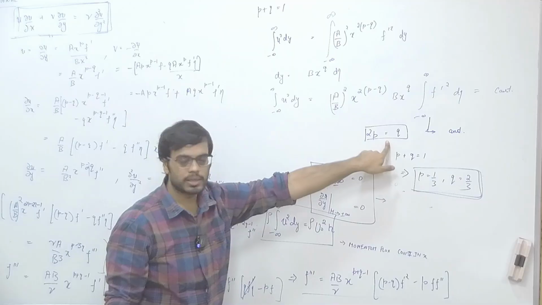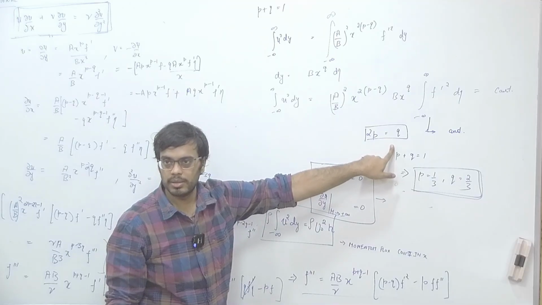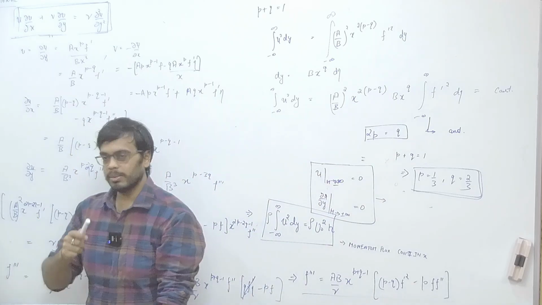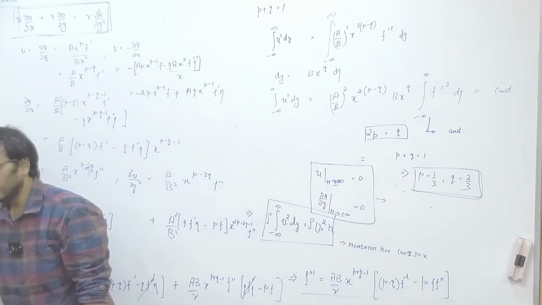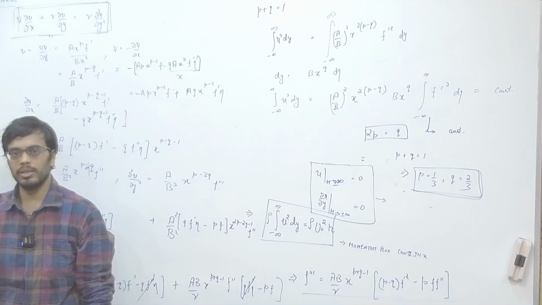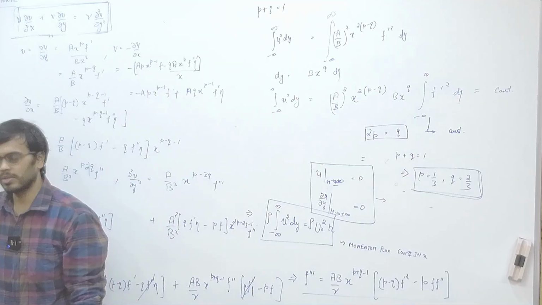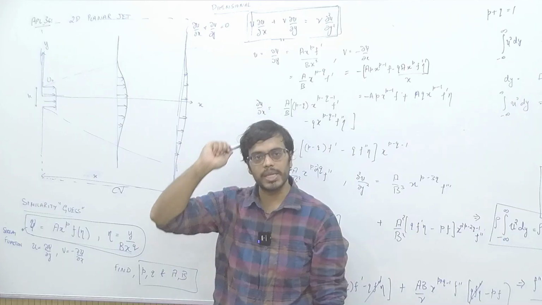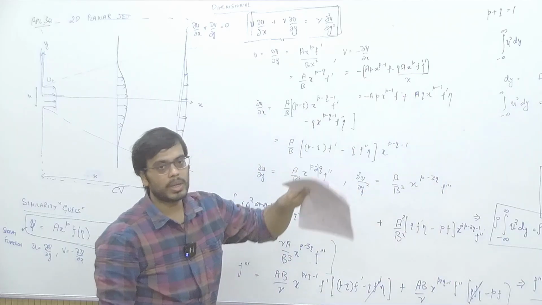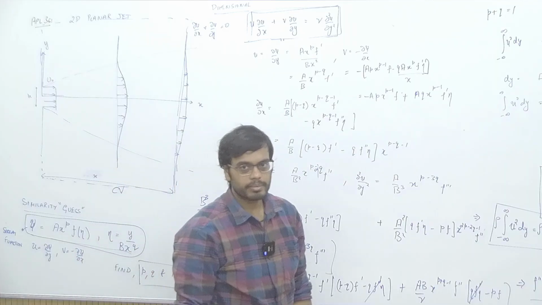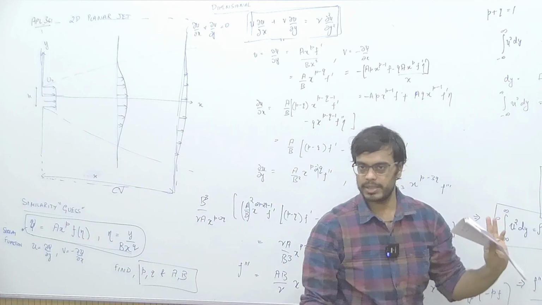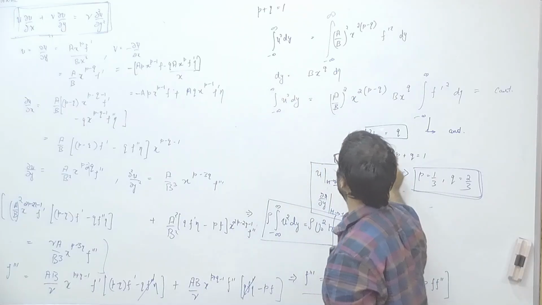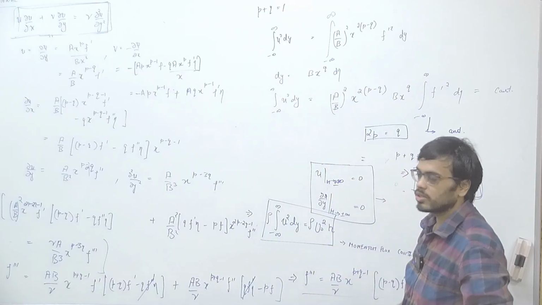If you go back to your flat plate boundary layer, the Blasius equation derivation, you will see if you convert the similarity guess for u and v into psi, you will get p as half and q as half. So p plus q equals 1 holds there as well. This condition is not specific to jets. The jet specific part is 2p equals q, because momentum flux has to be constant.